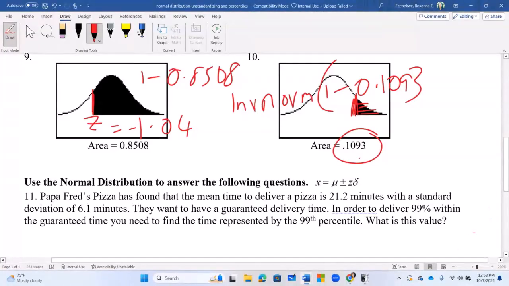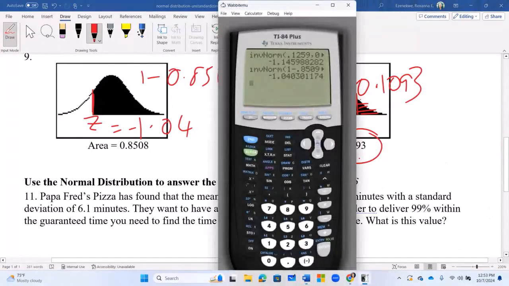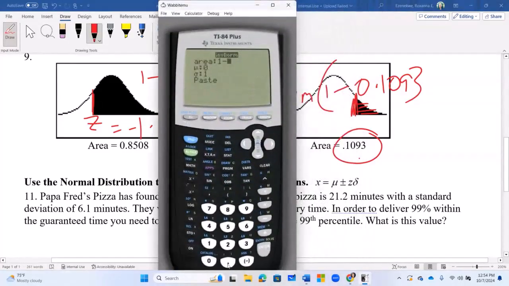So I'll put my calculator up and I'll go to my inverse norm. Whenever I'm doing inverse norm, I'm calculating the value of z. So right here, I will clear and I will find 1 minus that area they give me, 0.1093.